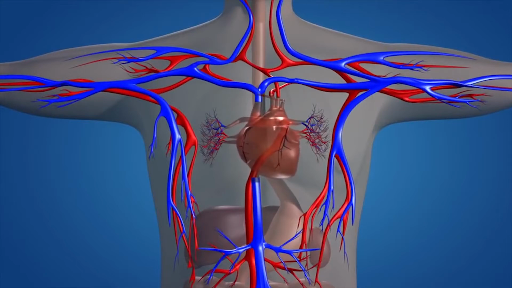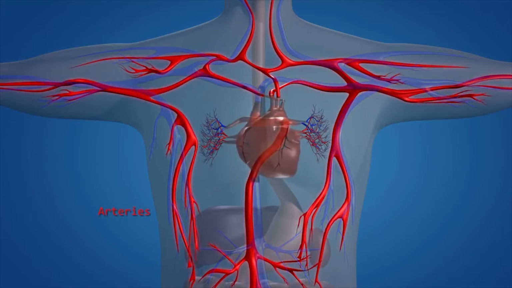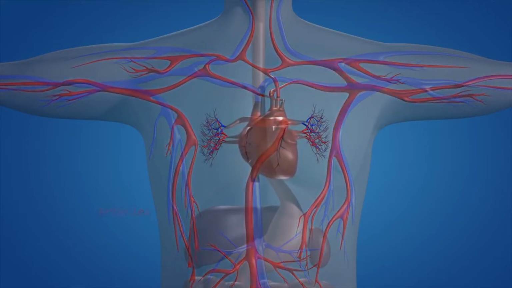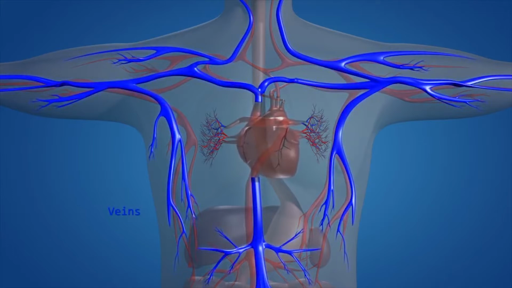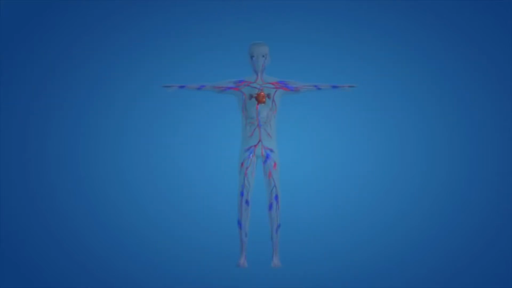The first type of these vessels, which is carrying oxygenated blood, is called arteries. The second type, which is called veins, carries deoxygenated blood, then capillaries, which connect between arteries and veins in order to exchange gases and substances to the whole body organs.